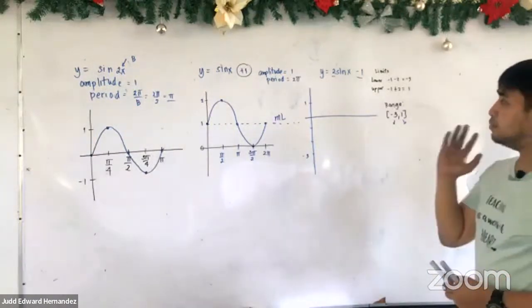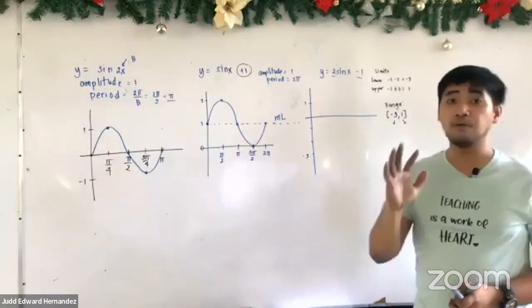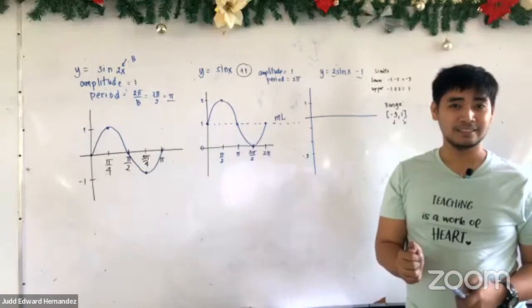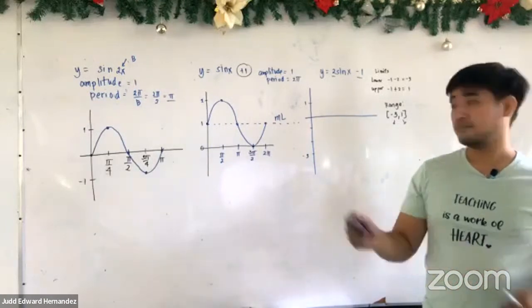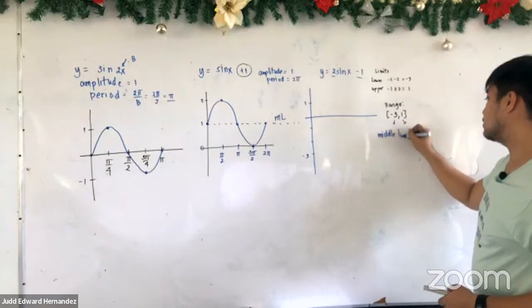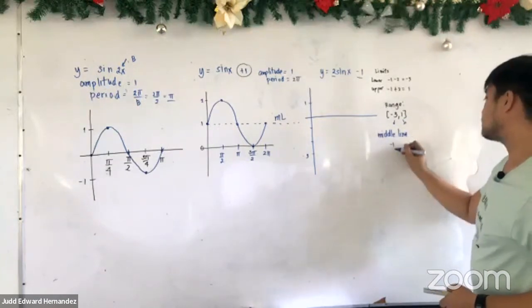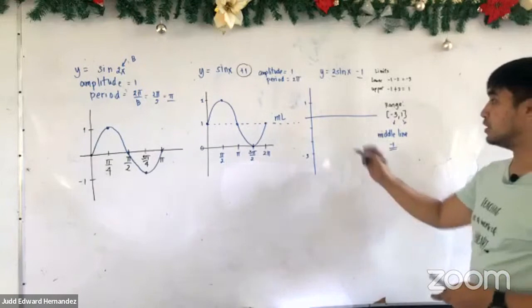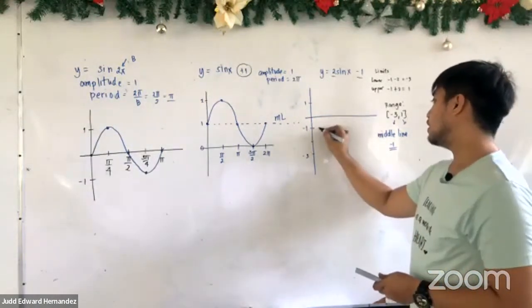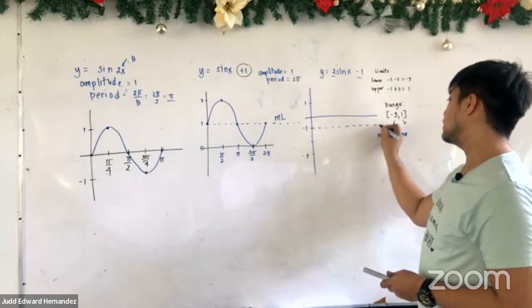Okay, and where is our middle line? Negative 1 po. Okay, our middle line would be negative 1. Huwag natin kakalimutan yun. So this is our middle line. Lagay na po ako ngayon ng dash line because this is our middle line.